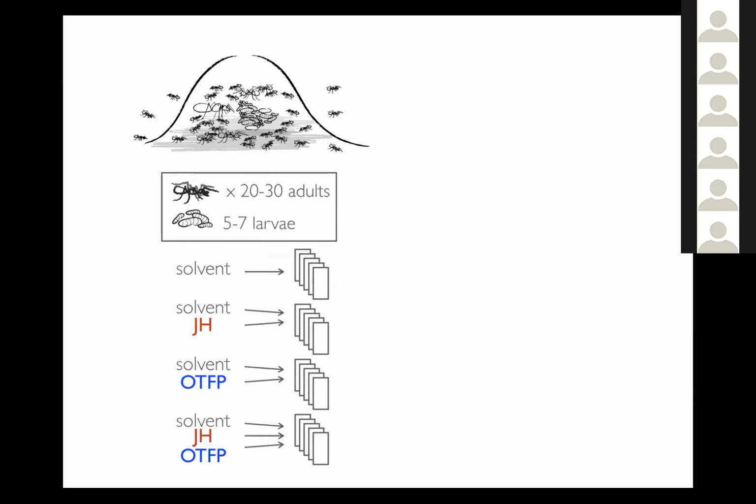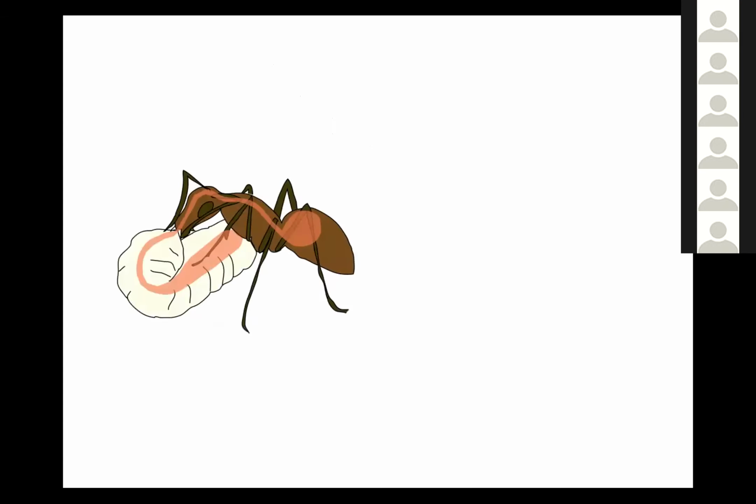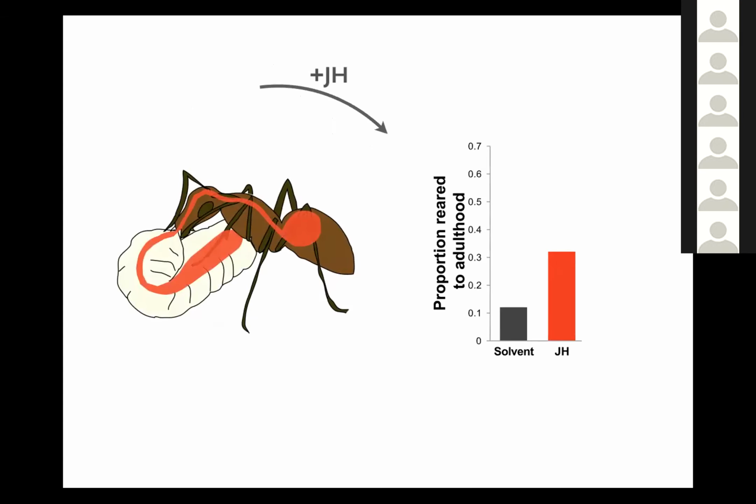So again, we took the same approach of giving groups of ants larvae to rear and supplementing their food with different components so that we can see how they influence the larvae when fed by trophallaxis. And so as I mentioned before, when we increase the amount of juvenile hormone in the trophallactic fluid, we see an increase in the number of larvae that are reared to adulthood.